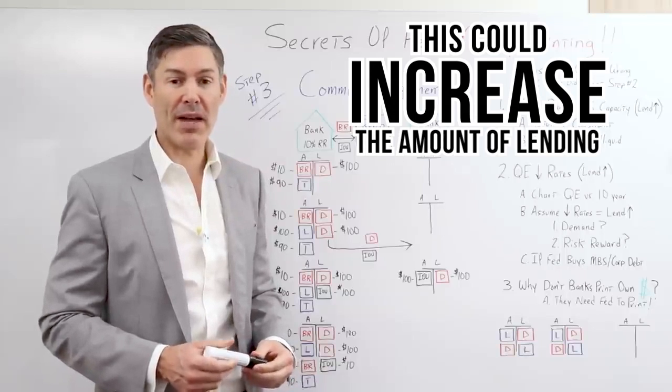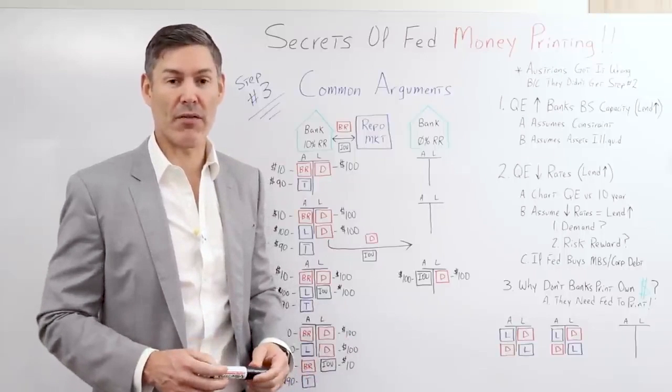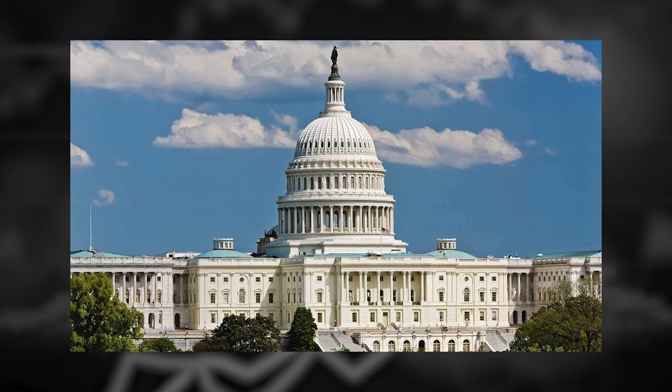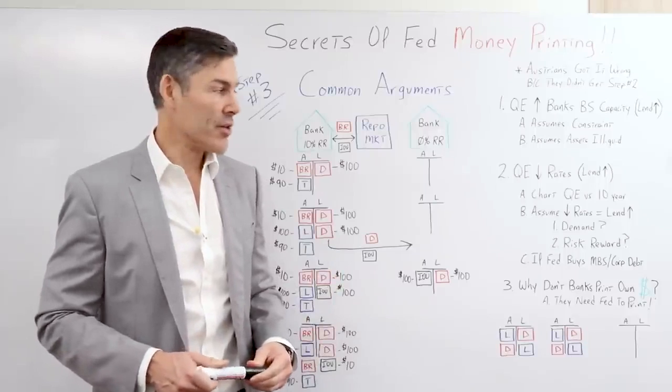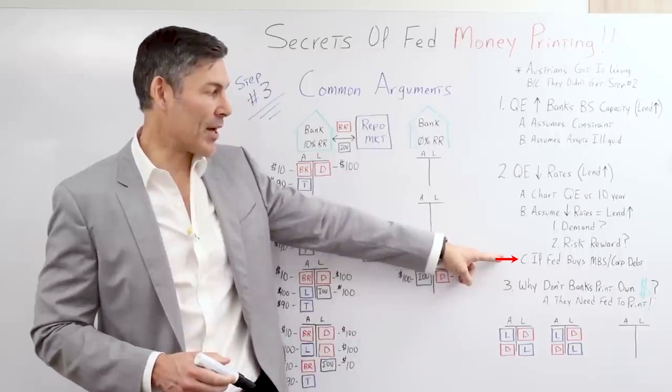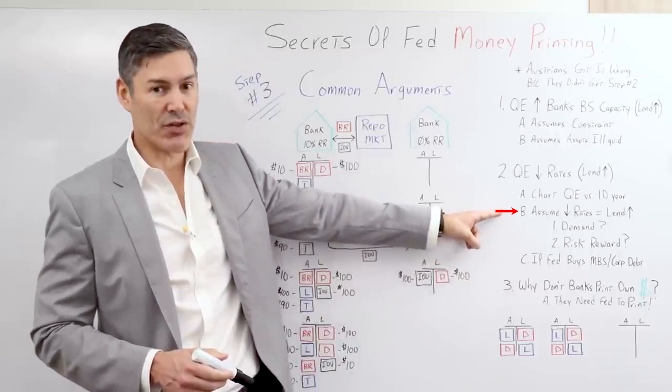Why? Because the banks have zero risk whatsoever, because they can just sell the paper to the Fed or the government or whomever is backstopping it. So we have to look at what the Fed is actually buying, not just the interest rate.